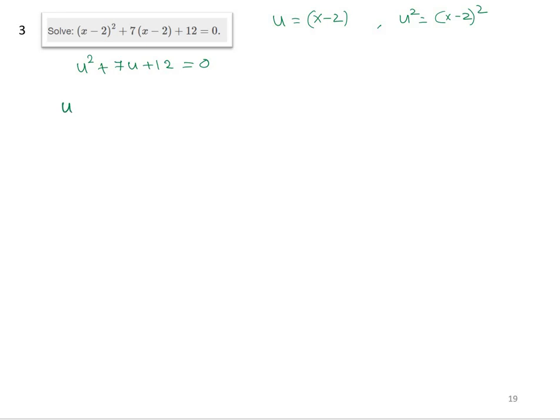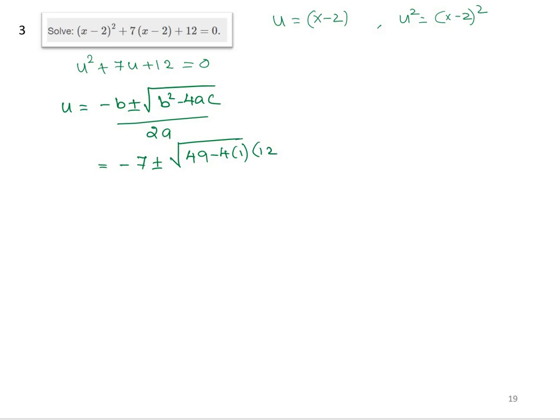So you can find out the value of u is negative b plus or minus square root of b square minus 4ac over 2a. Here negative 7 plus or minus square root of b square is 49 minus 4 times a is 1, c is 12, divided by 2a, a is 1.